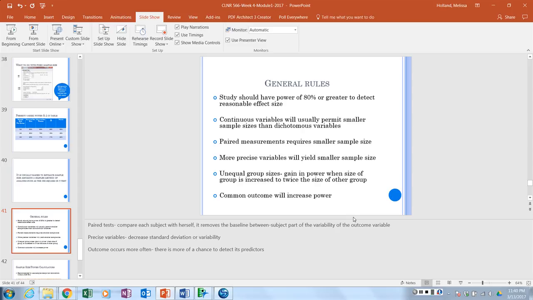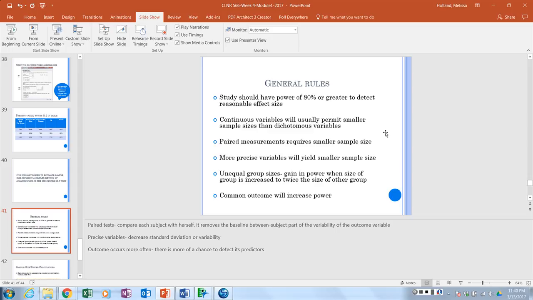difference between your groups. Keep in mind that if you have continuous data, this will allow for smaller sample size compared to categorical data. Paired measurements also require smaller sample size, and this is because you're comparing the subject with themselves, so they're serving as their own control.